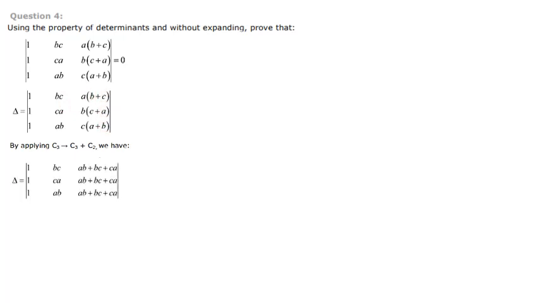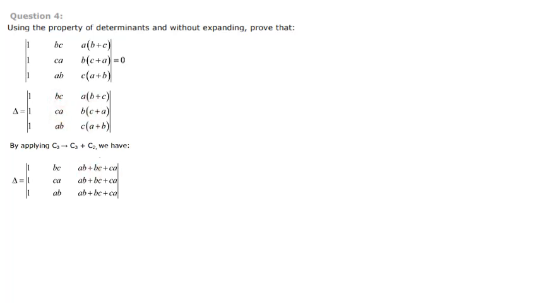Go for the operation. First column is same 1, 1, 1, BC, CA, AB same. And here, as I said before, just remove the bracket and arrange it in order and write. That will be easy for you. AB, then here BC is there, then AC is there. So you are adding C3 and C2.